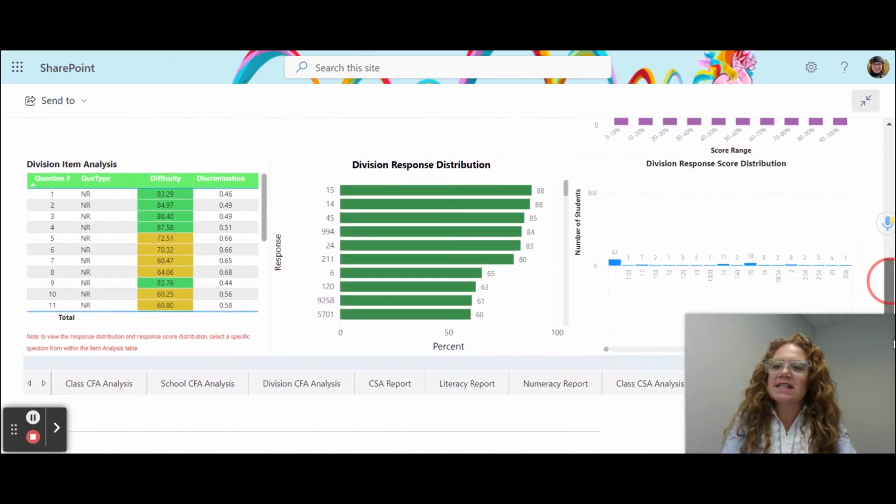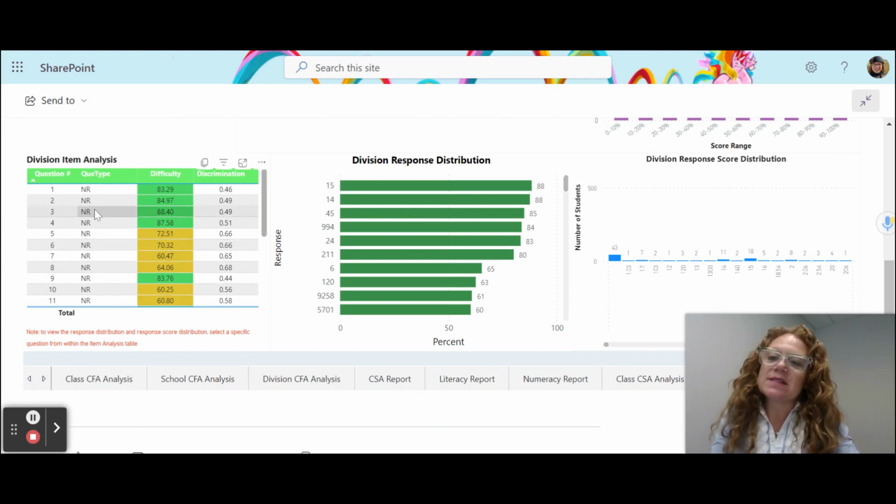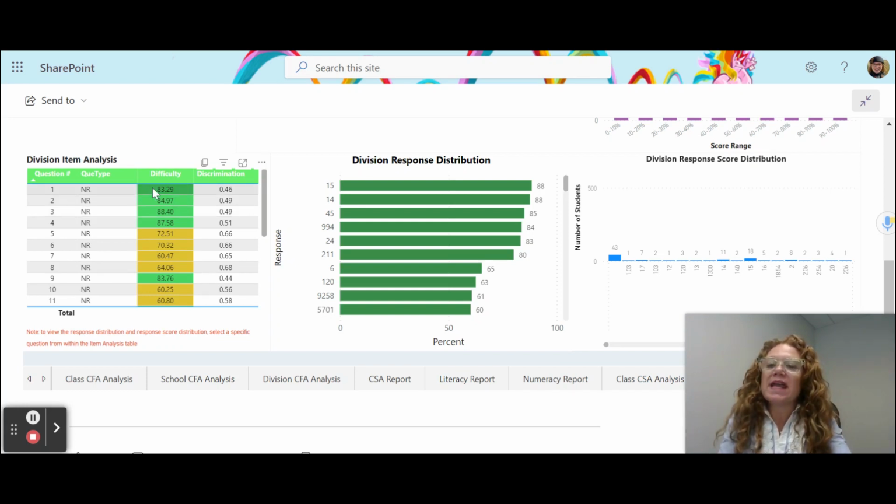The next chart we're going to take a look at is the division item analysis chart. Basically, for each question on that assessment, in this case the formative A, we have the difficulty level identified.